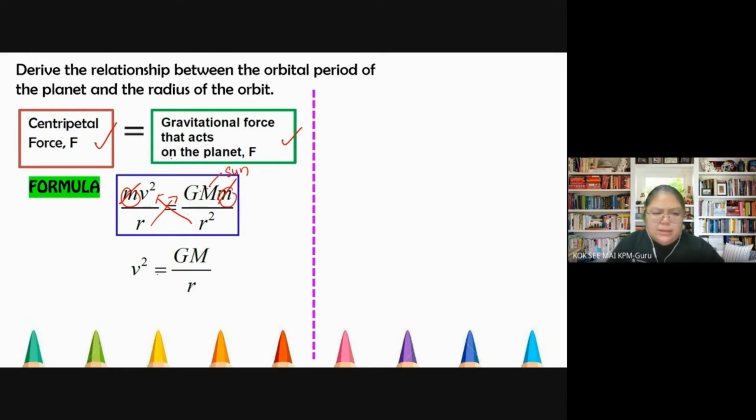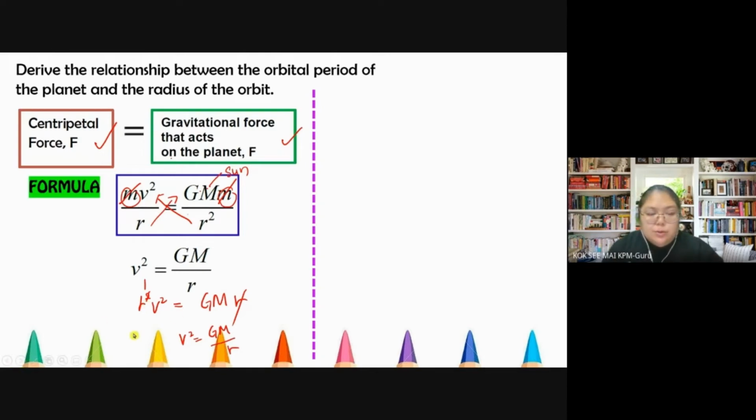If I do the calculation, r squared, v squared, I cross over, equals G capital M r. So this r cancels, becomes 1. So now v squared equals GM over r. Like this, the calculation should be like this.